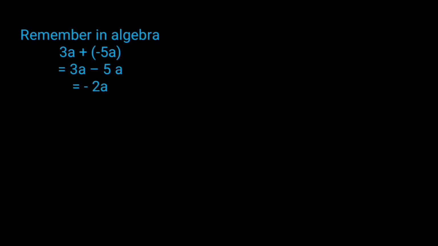Well, not really. If you remember, in algebra, if we had 3a plus negative 5a, this simplified to negative 2a. If I had 3p plus 4p, the answer was 7p.